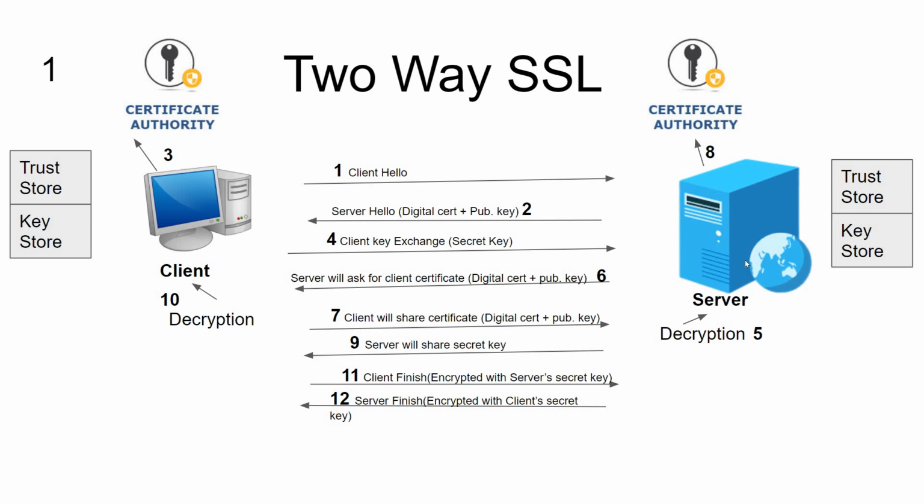In the fifth step, the server will decrypt that secret key using the private key at its end. That means the secret key shared by the client is decrypted successfully at the server end.